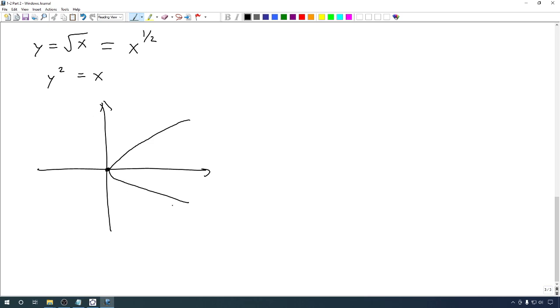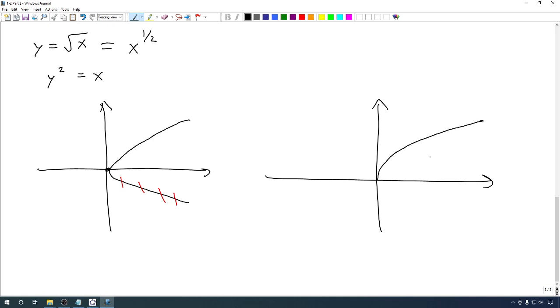This definitely has negative y values down here. So we need to exclude all that part. So really, our square root function looks more like this, which looks a little bit better than what I drew over here. This is y equals square root of x.